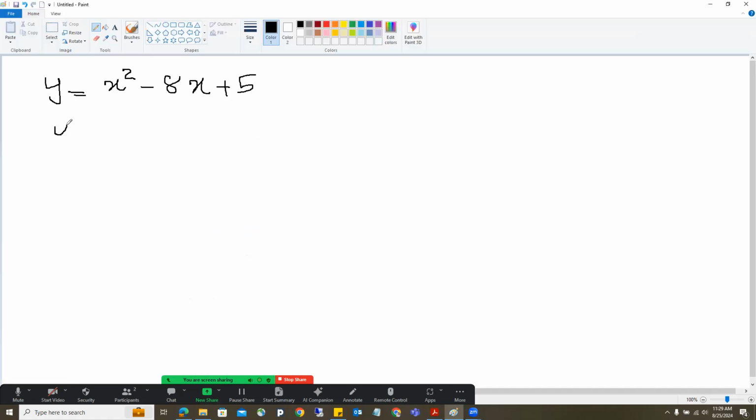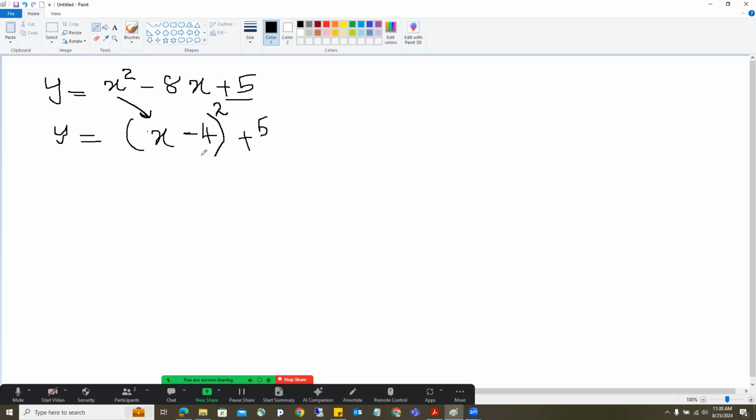The easiest method is, the coefficient of this x squared term is 1. Then we just take 1x here, and then half of this middle term, that is minus 4, half of the coefficient. Then I'll close this bracket and make it a complete square. So the remaining 5 is still remaining.